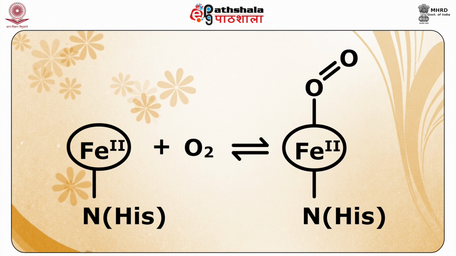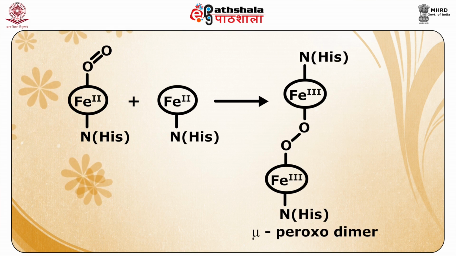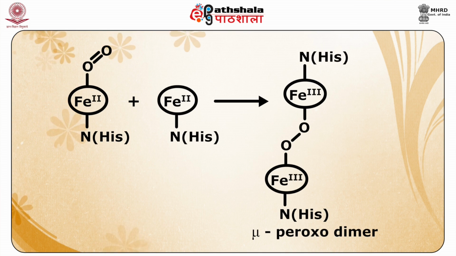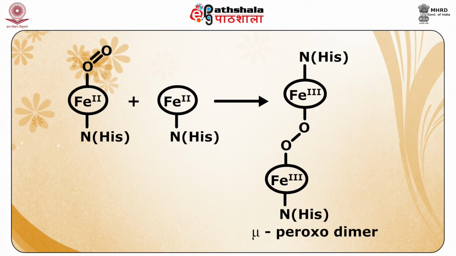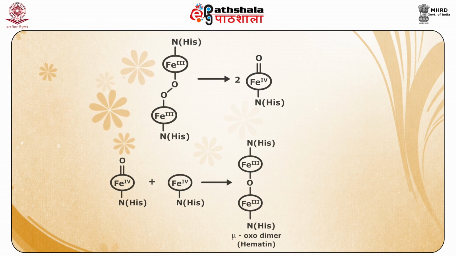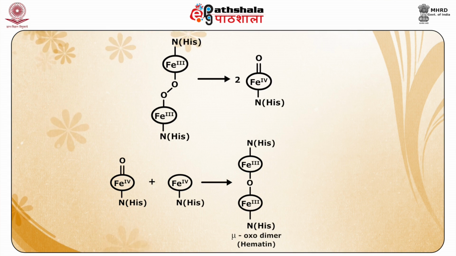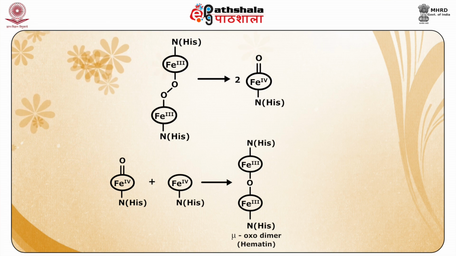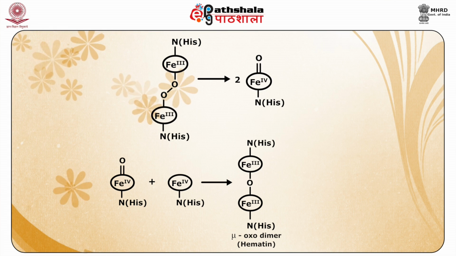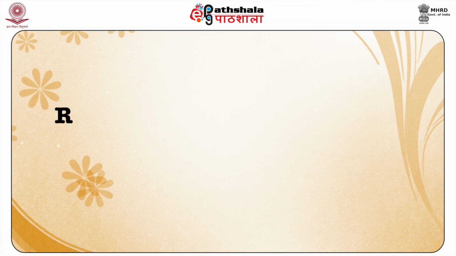As soon as naked heme binds dioxygen, it combines irreversibly with another naked heme, forming the mu-peroxodimer having iron(III). This peroxodimer reacts with another heme to give the oxo-bridged dimer called hematin. Hematin is unable to transport dioxygen.